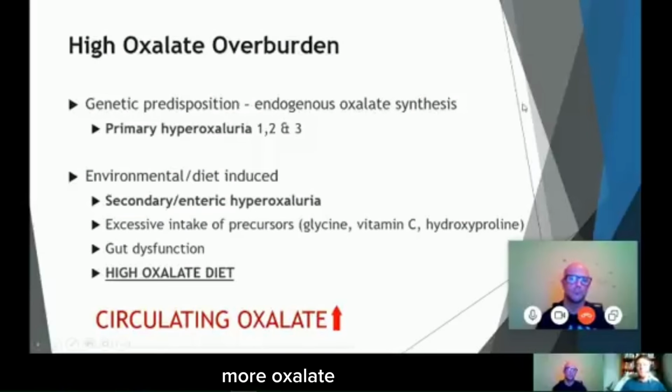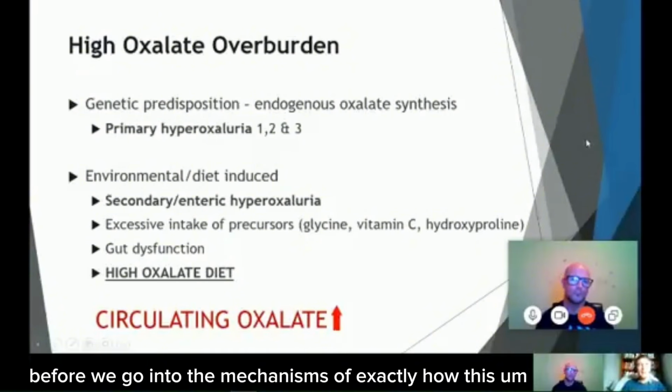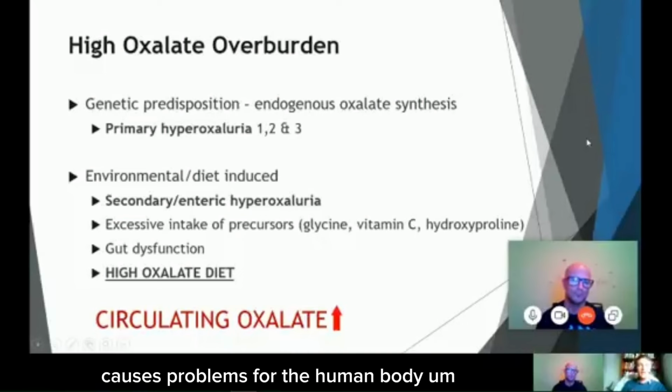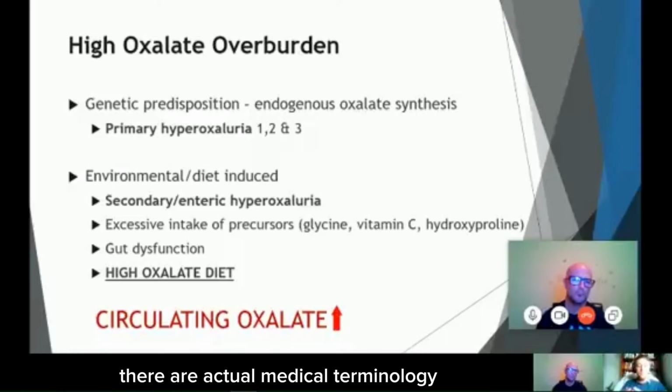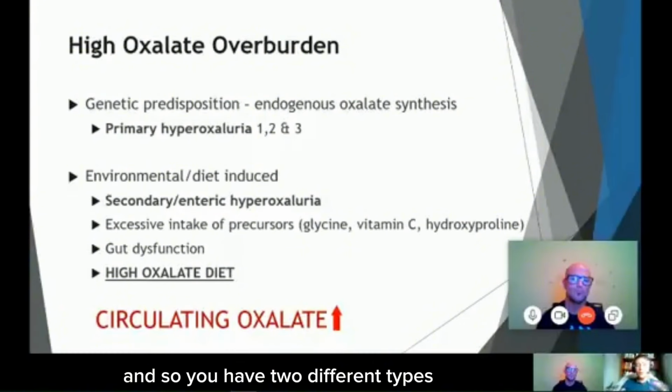And so when we're talking about high oxalates in the body, before we go into the mechanisms of exactly how this causes problems for the human body, there is actual medical terminology referring to the body having too much oxalate. You have two different types.